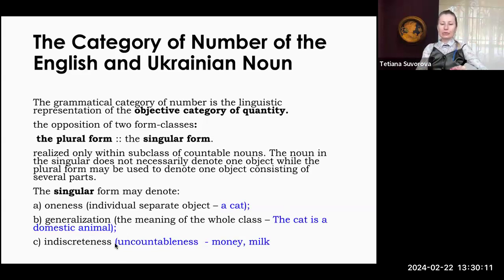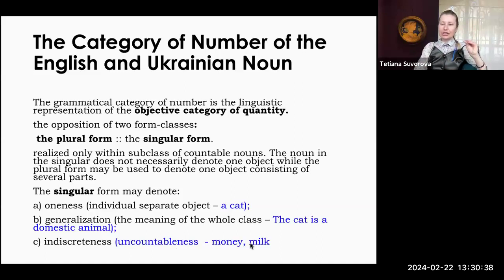And indiscreteness is with uncountable nouns, like nouns of material that we cannot put into pieces, like milk into drops. We do not count milk in terms of drops, or we don't count money in English in terms of some coins. In English, it's something unique that is different between English and Ukrainian, by the way.